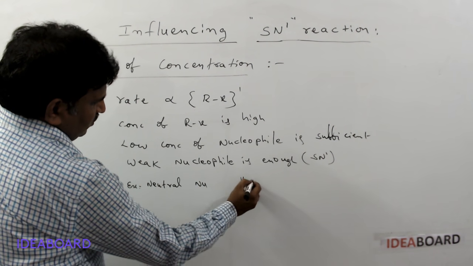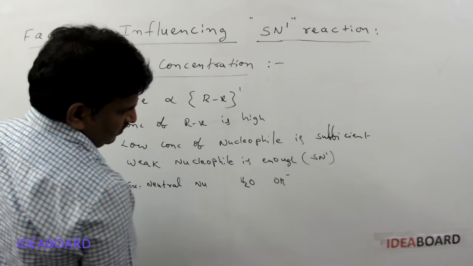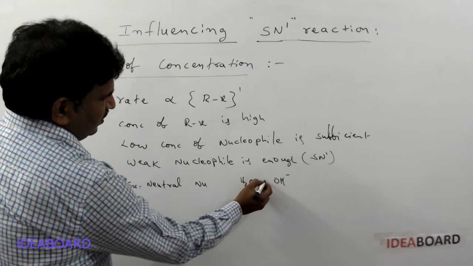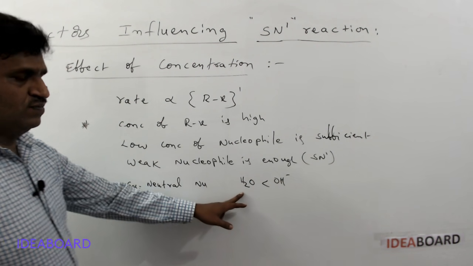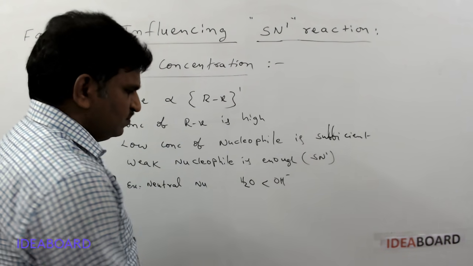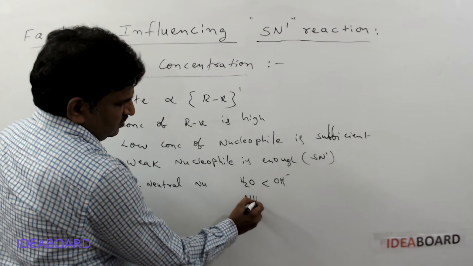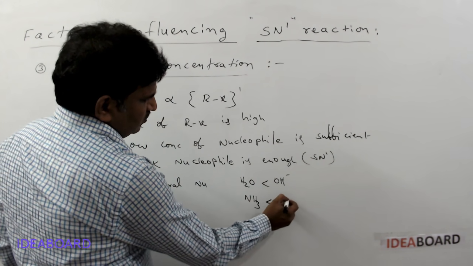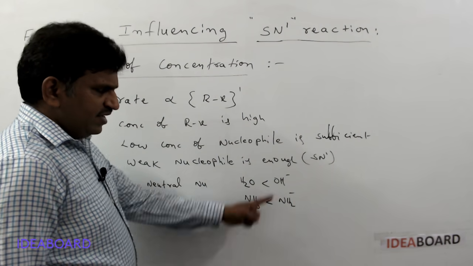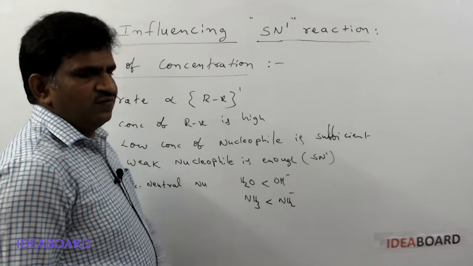Suppose H2O and OH minus are present: the weak nucleophile is H2O, and OH minus is a strong nucleophile. Similarly, NH3 and NH2 minus, negatively charged species are always strong nucleophiles.